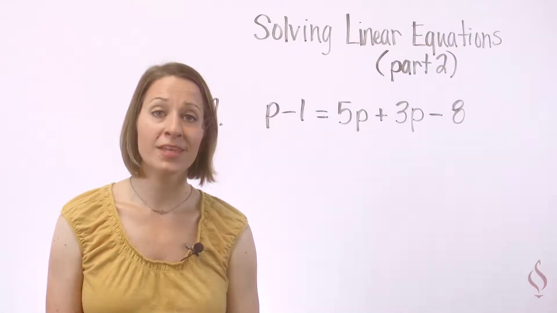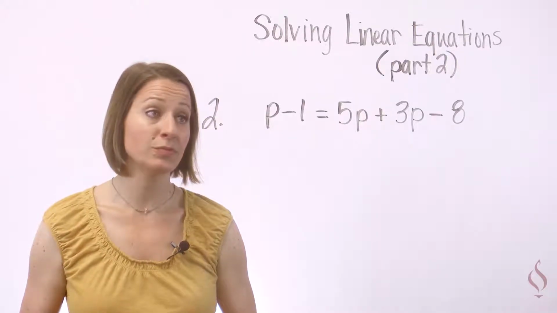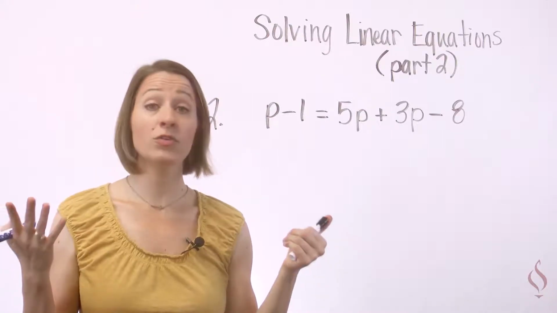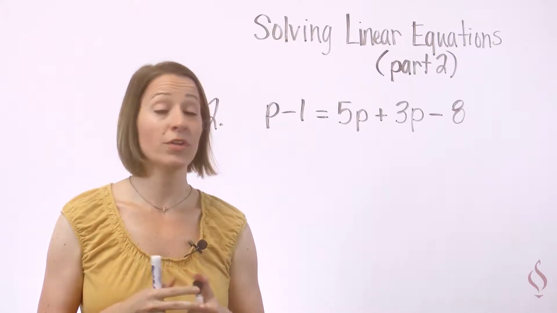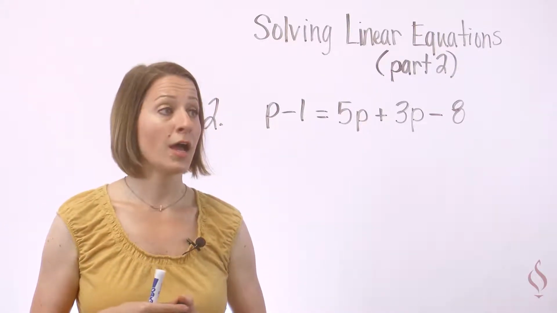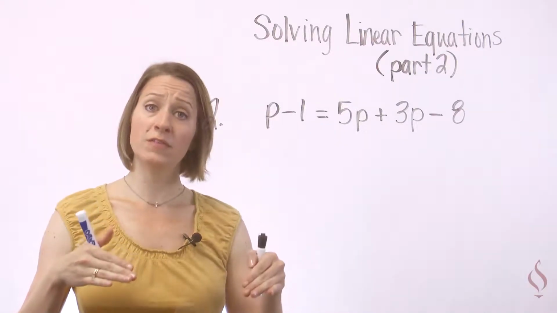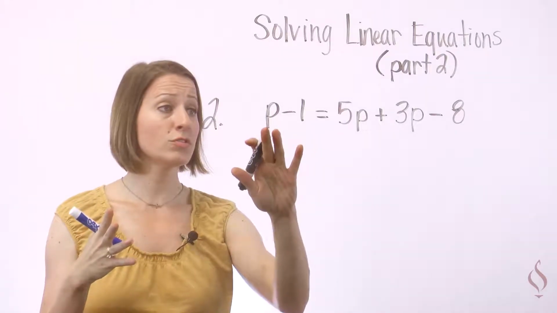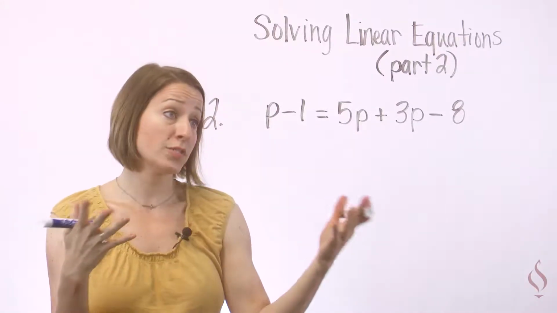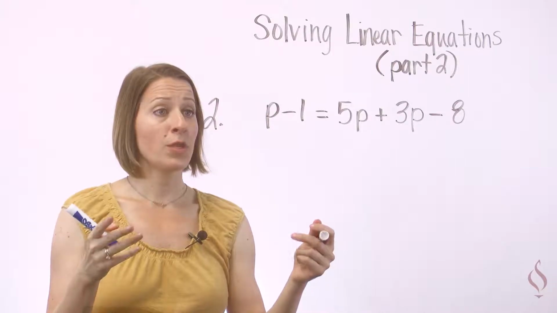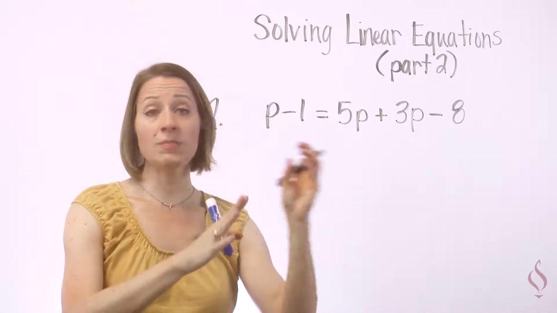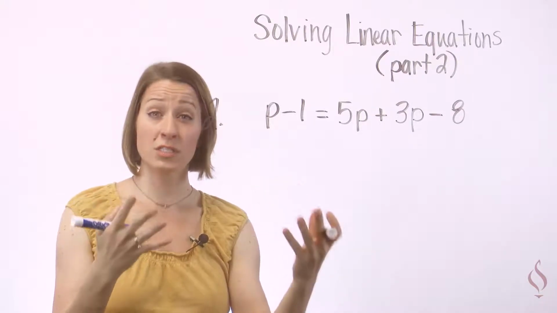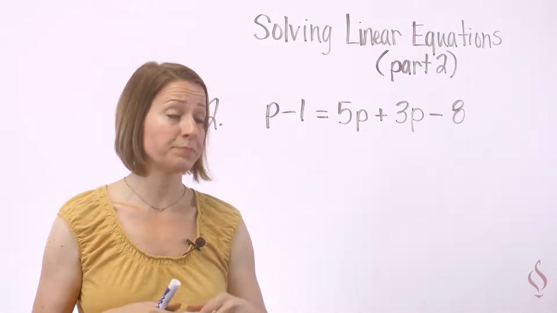All right, guys, take a look at number 2. We have a pretty long equation here. Now we have 3 places where the variable p pops up. So what we're doing with this video is we are taking these equations that have variables on both sides, and we are moving pieces around until we have a situation that we can solve for the letter p.